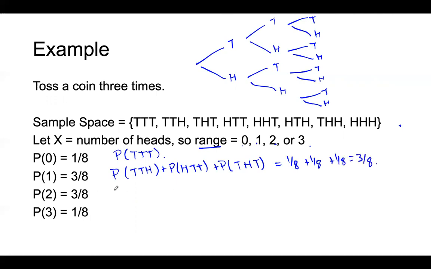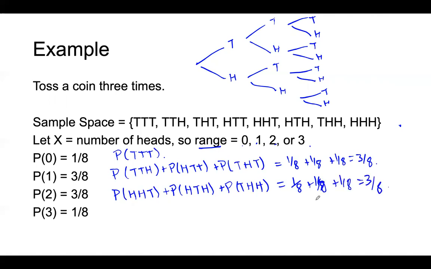The probability of 2 heads, so head, head, tail, plus head, tail, head, plus tail, head, head. Again, it's 1 over 8 plus 1 over 8 plus 1 over 8, which is 3 over 8. And the last one, the probability of head, head, head, is 1 over 8.